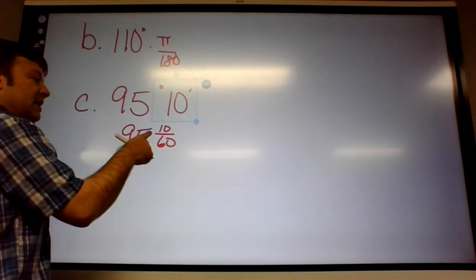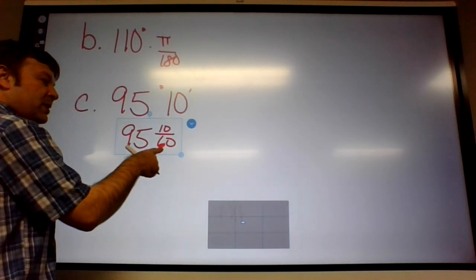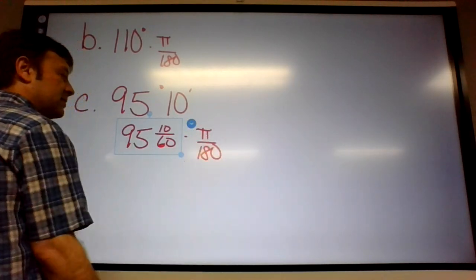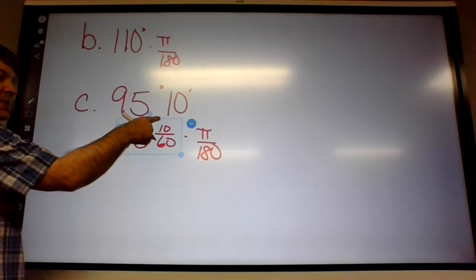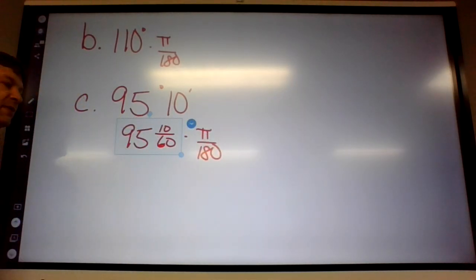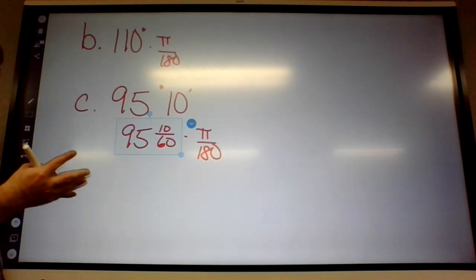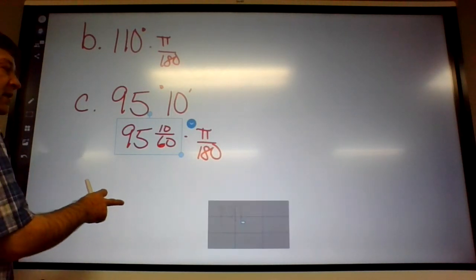So anyways, this is what we need to plug in the calculator when we do times pi over 180. Or you could reduce that to 1/6, of course. 95 and 1/6. A minute is a 60th of a degree, just like a normal minute is 1/60th of an hour.